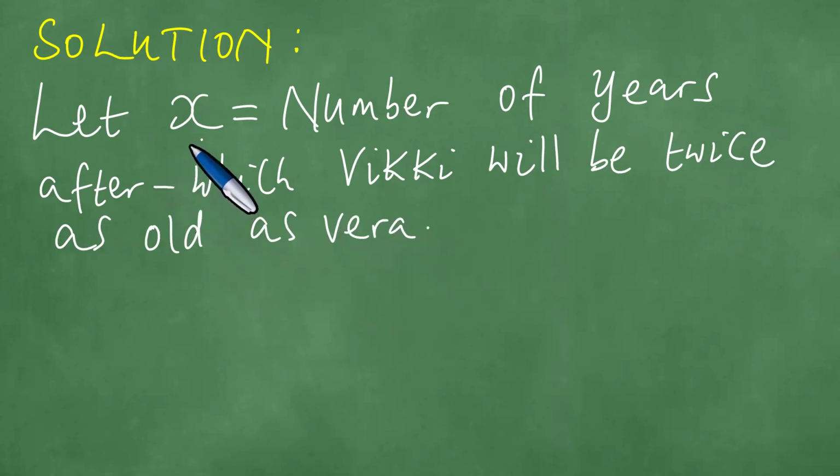Let x equal the number of years after which Vikki will be twice as old as Vera.